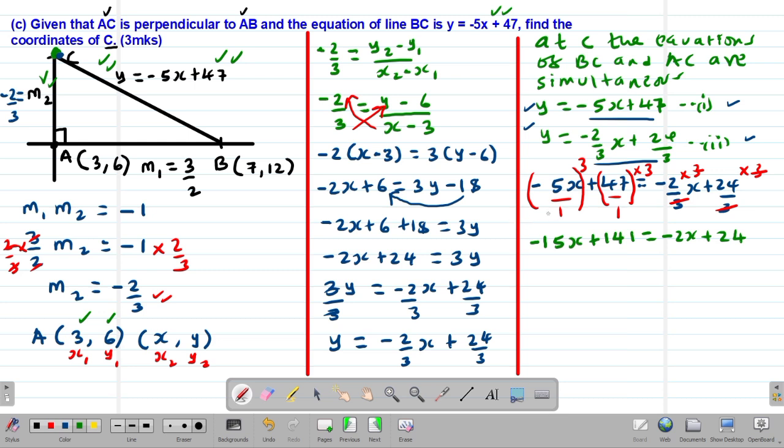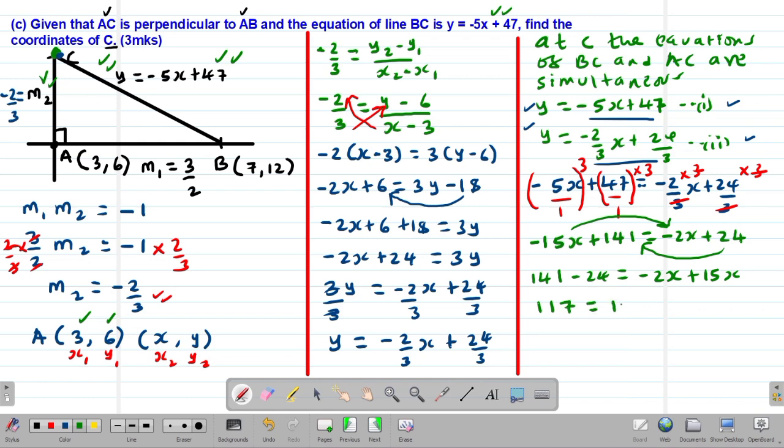Now, on collecting the like terms together, I'll take 24 to this side and 15x to the right hand side. So I'm going to end up with 141 minus 24 being equal to negative 2x plus 15x. If I take 141 minus 24, I'll get 117.